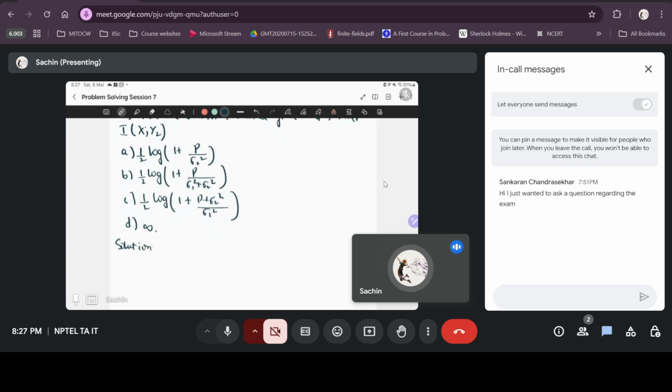So in this case, first you have one channel which adds noise N1, and after adding noise N1, you pass it on to the next channel which adds noise N2. Since it's additive Gaussian noise, Z1 plus Z2 is also Gaussian.